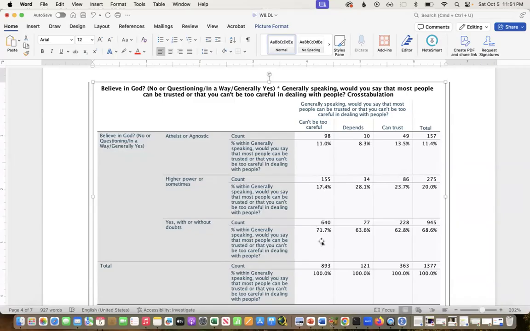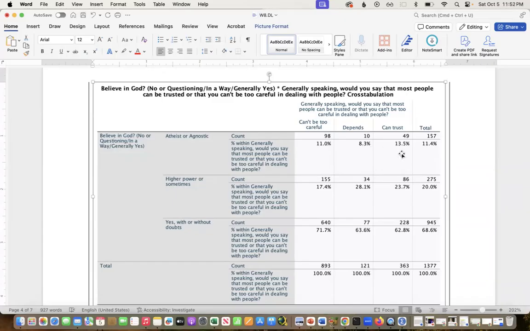They're more likely to actually believe in a God, with or without doubts. And then we can see that the folks who are more trusting, or say it depends in terms of trusting, are a little bit less likely to believe in God with or without doubts, and are a little bit more likely to believe in a higher power sometimes.